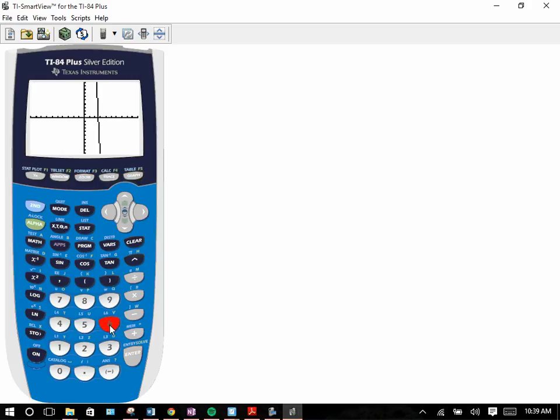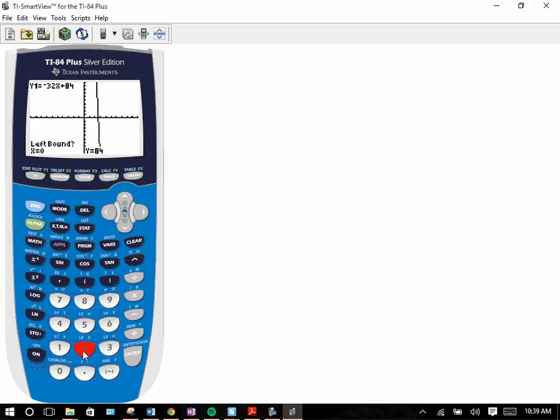So you graph it. You see that the velocity is equal to 0 right here. So I go second, trace, and I want to find my zero, so I hit 2.